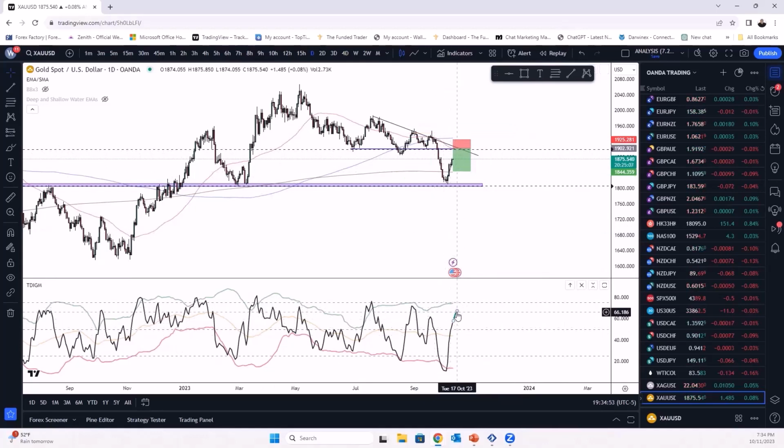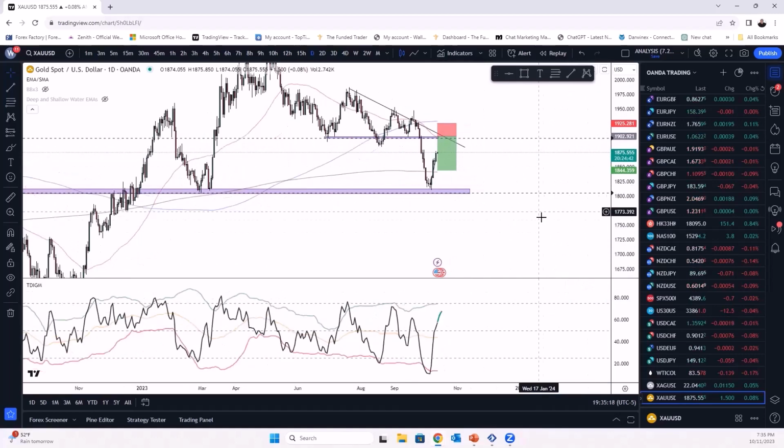If the TDI rises higher than this peak and this remains lower, that would say we have a level of support turned resistance on a trend line while we have hidden divergence, and that would be the sign to get into that trade. All right, so that's on the daily.